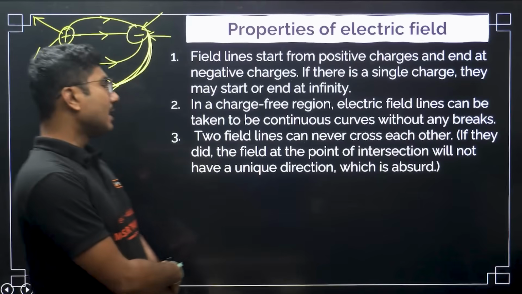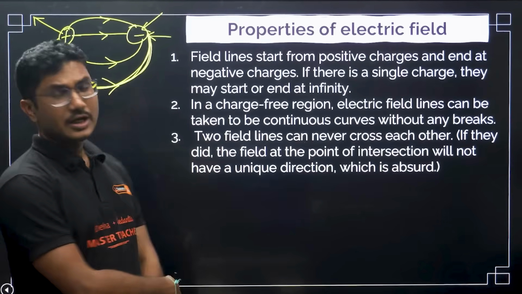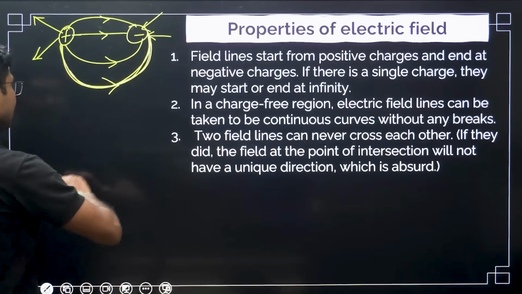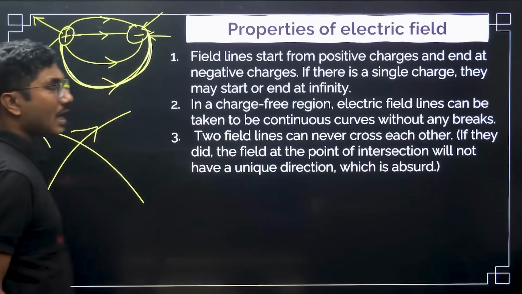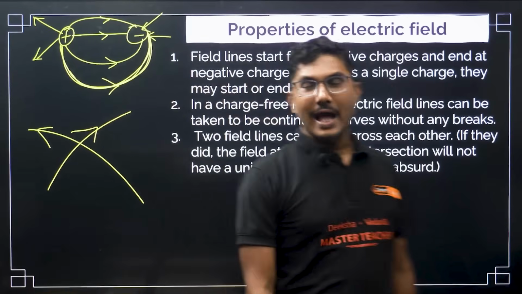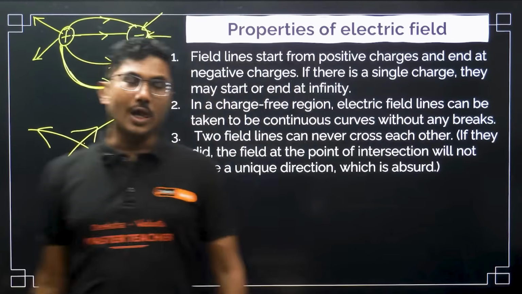Two field lines can never cross each other. If they did, the field at the point of intersection would not have a unique direction, which is absurd. That means if one electric field line is coming from this side and another from that side, and they intersect at some point, this is not possible. Why?